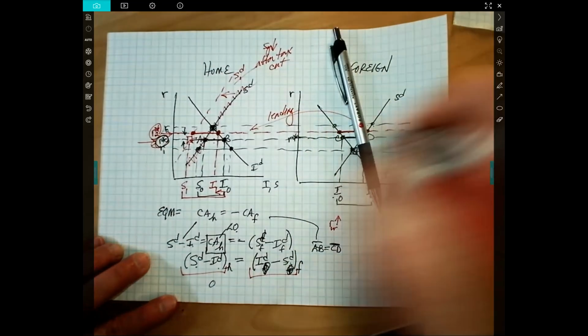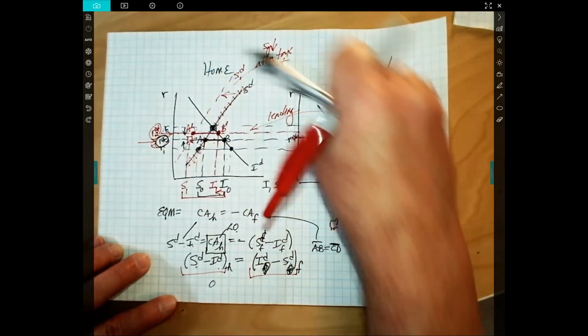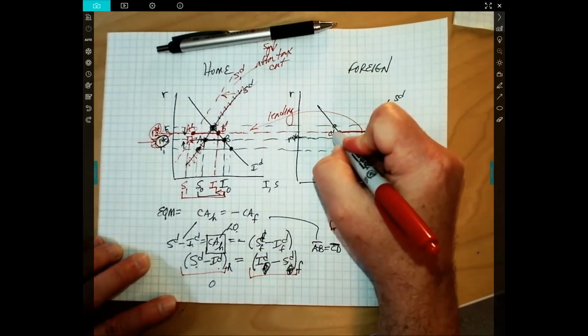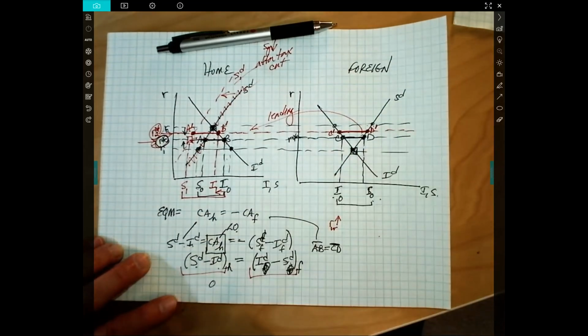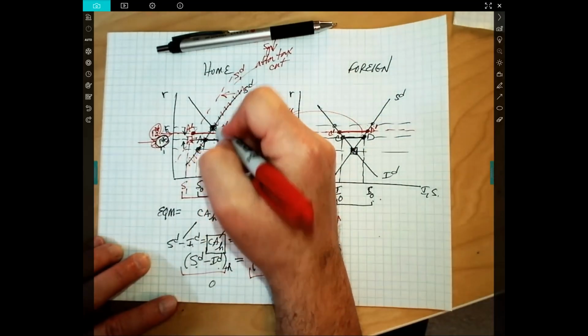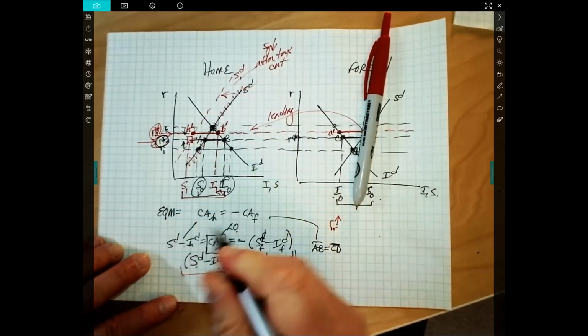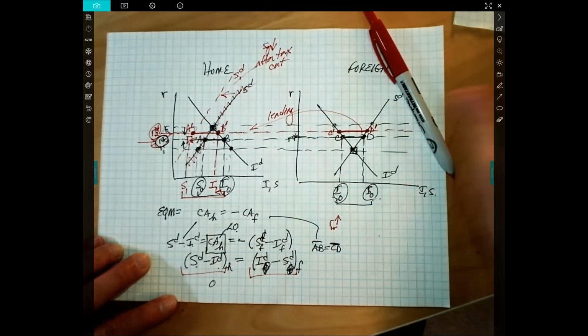The new equilibrium, this is now A prime, B prime, C prime, and D prime. So we started out with I0 and S0. That's A and B.